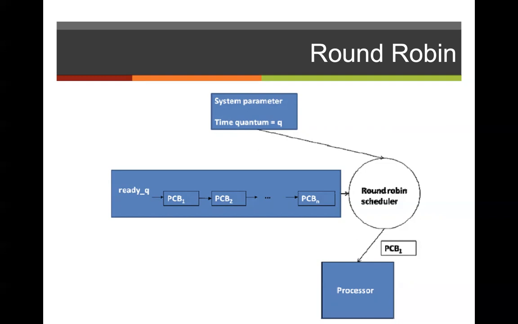And so these time shared environments are going to allow each process to have a share of the processor. And in this regard, we want to consider that we have n ready processes that need to be executed from the ready queue.